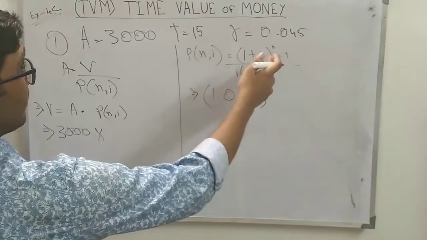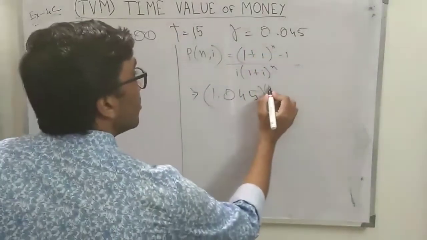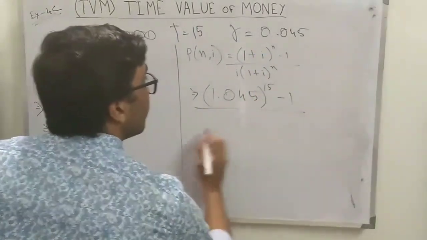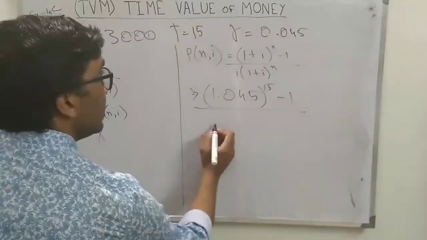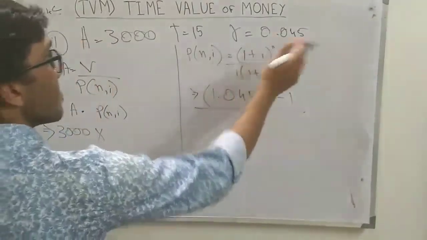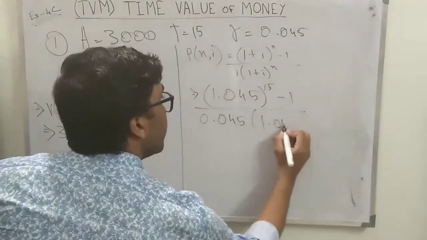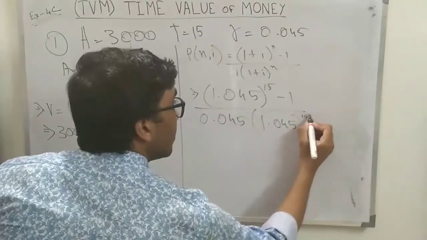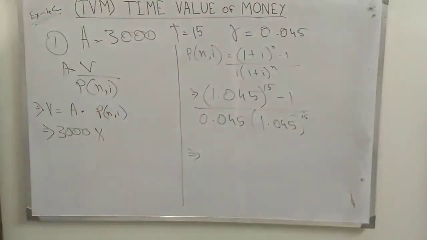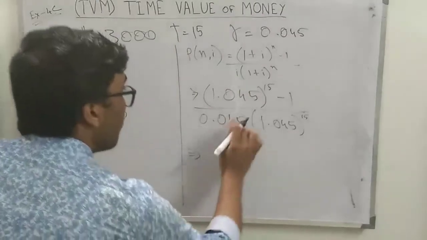That means it is t power 15 minus 1 whole divided by I is 0.045 into 1.045 to the power 15. Now 1.045 to the power 15 is 1.9353.